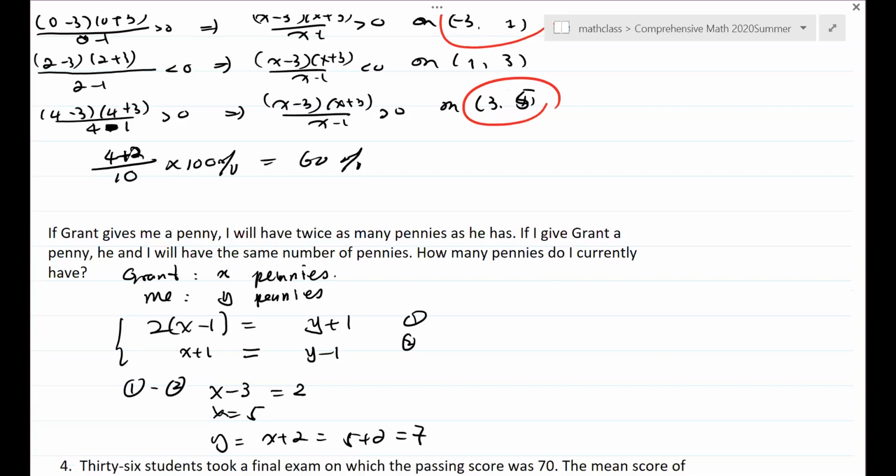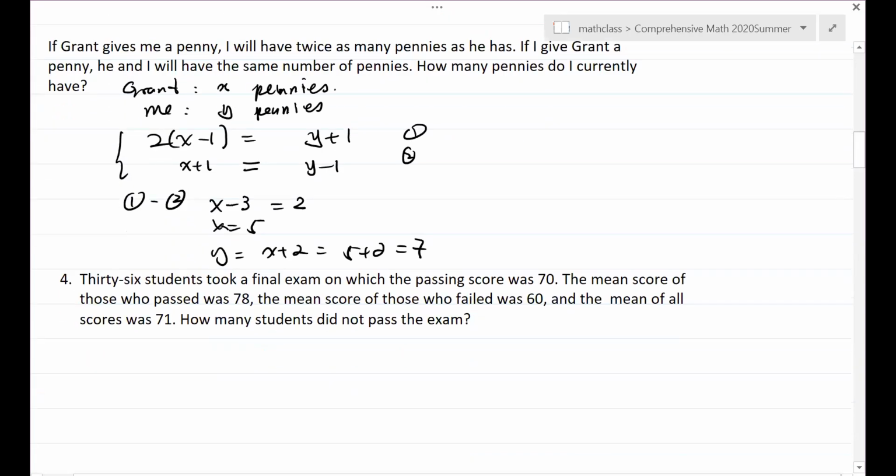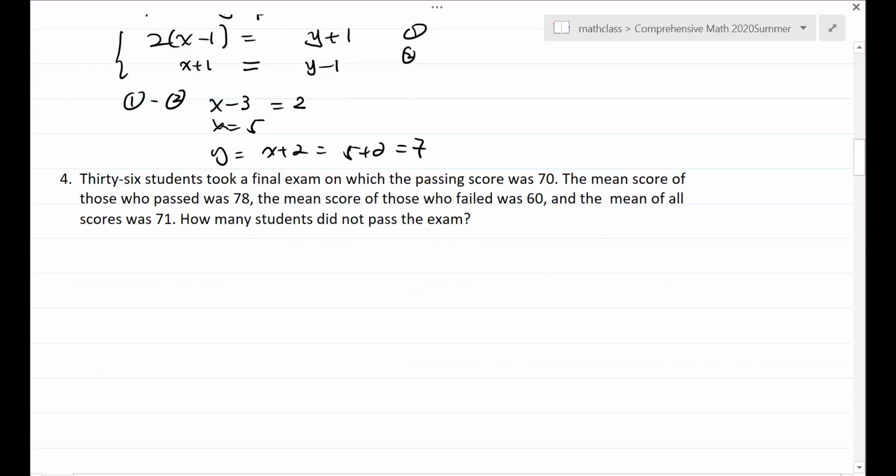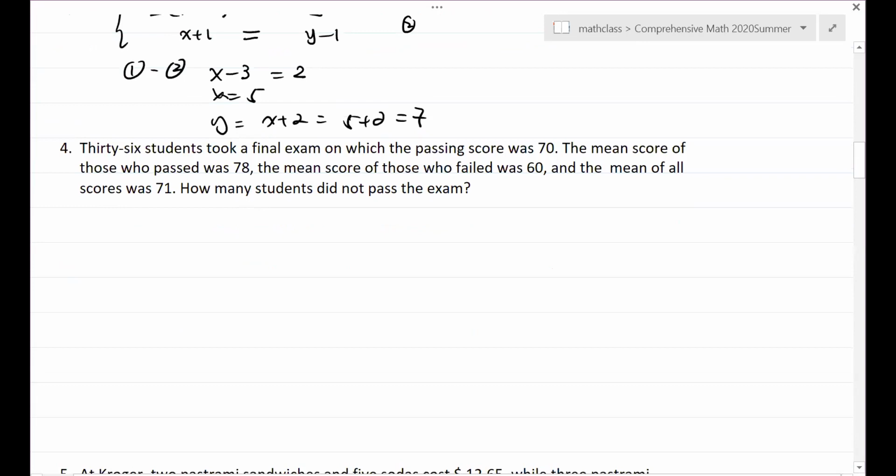So I'm going to ask you to do the next problem. Do your best, you can try. 36 students took a final exam on which the passing score was 70.